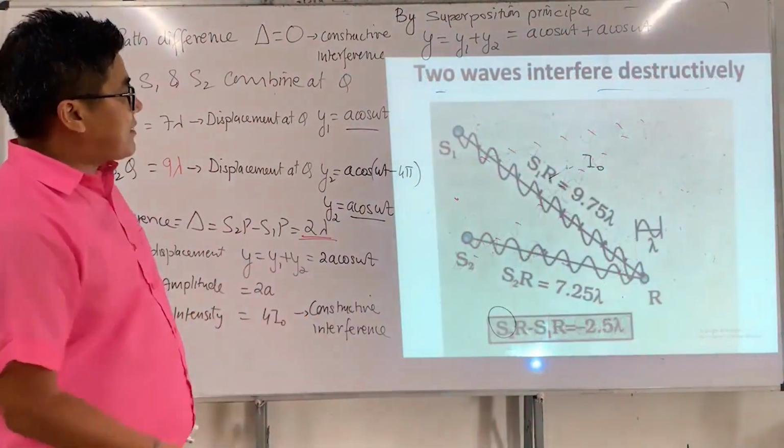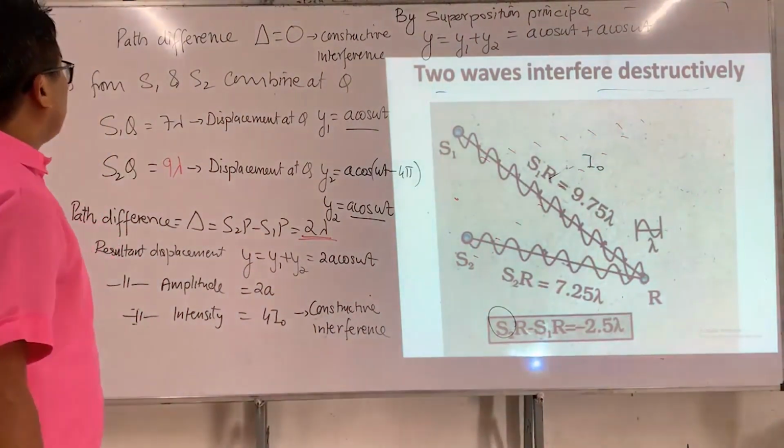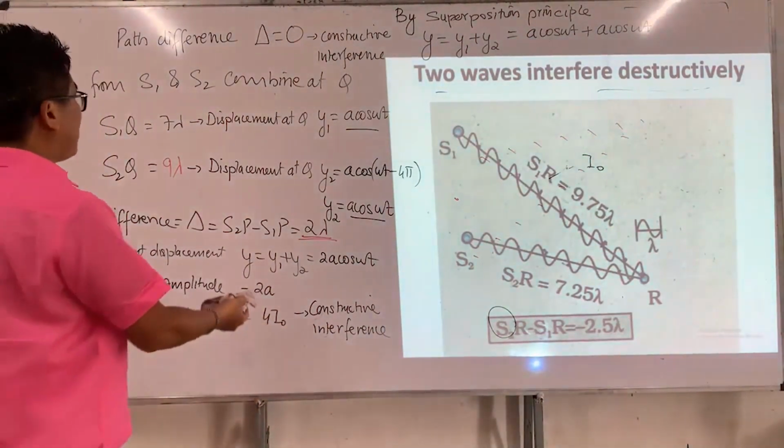Now let's say the path difference is an odd fraction, right? So I'll rub this again.